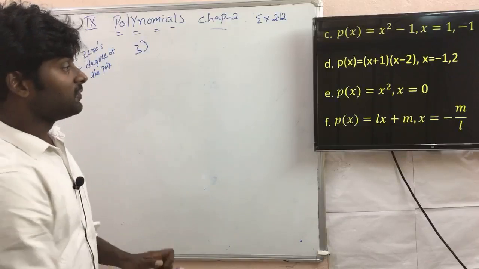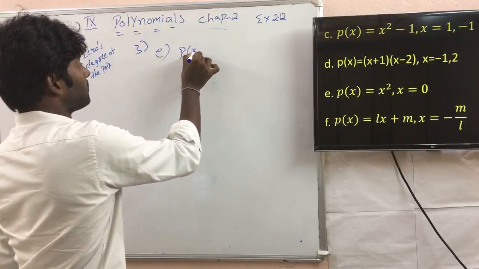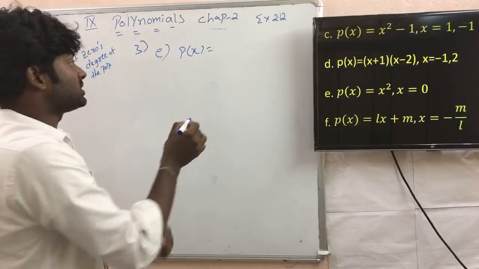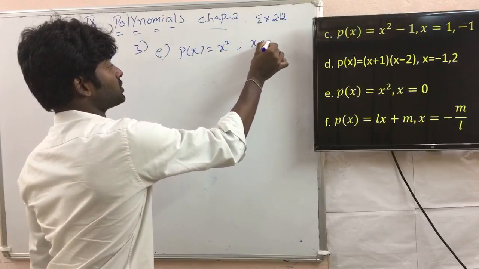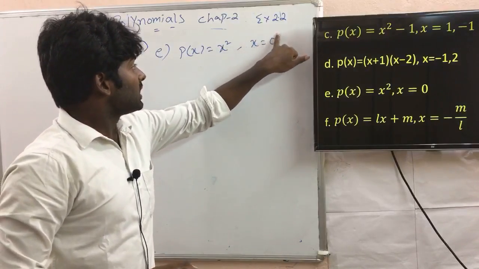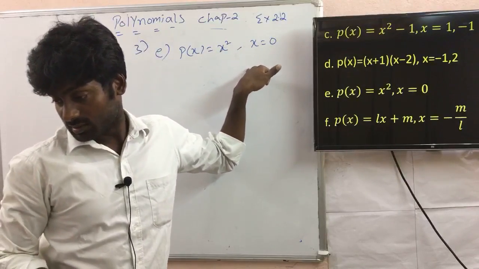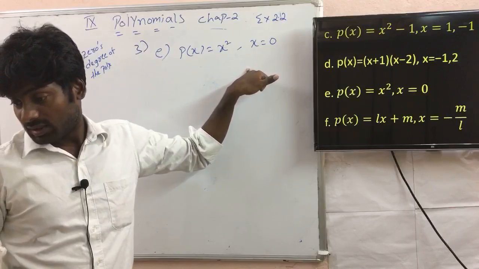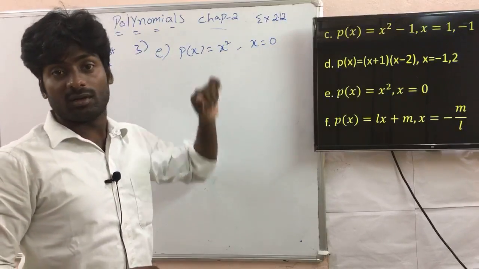Next one, fifth sum in the same main. P of x equals to x square and x equals to 0. That means this is the given polynomial. He has given x equal to 0 as the 0 of the polynomial. Is it yes or not?